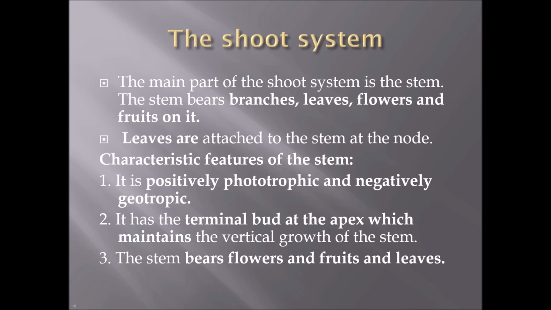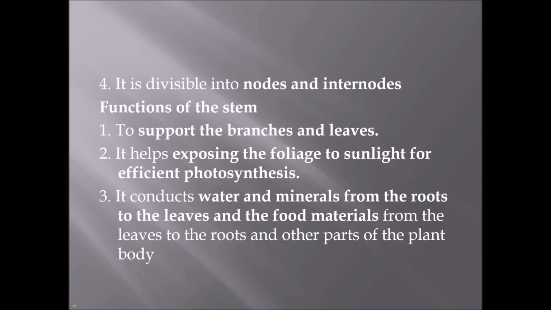On the tip of the plant, the bud is present. That helps to maintain the vertical growth of the stem. The stem will have flowers, fruits and leaves on it.